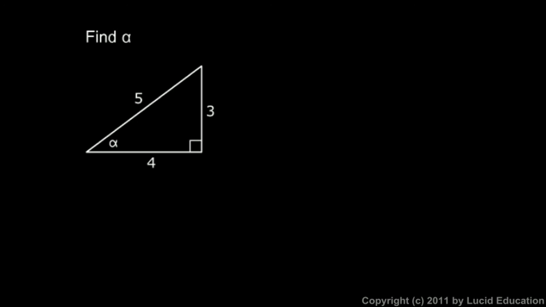Now watch this. I know that the tangent of alpha will have to be the length of the side opposite alpha divided by the length of the side adjacent to alpha. So 3 over 4. The tangent of alpha is 3/4. Okay, that's 0.75.